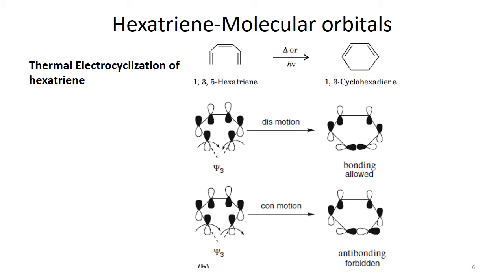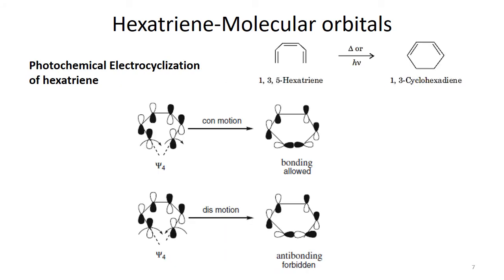Now let's see if the same reaction is allowed through the photochemical mode or not. In the first one, we saw that thermal electrocyclization of hexatriene was allowed through disrotatory motion.